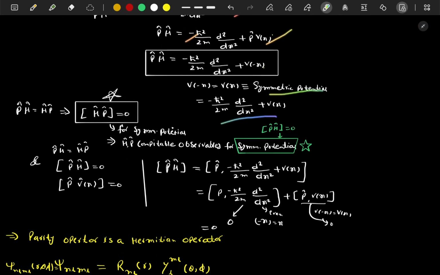So it will again give this, meaning P cap H cap equals H cap P cap, meaning P cap H cap minus H cap P cap equals 0, so they commute with each other.